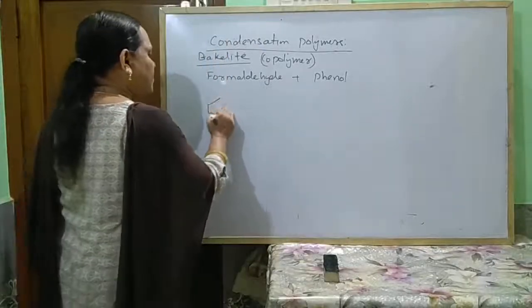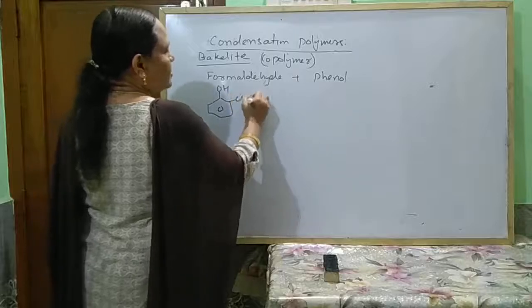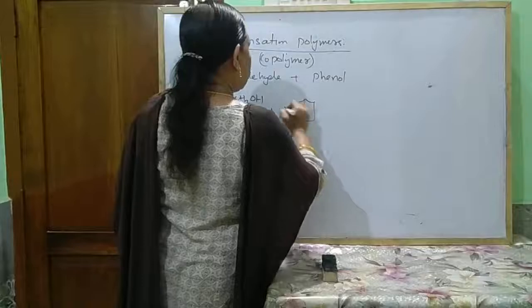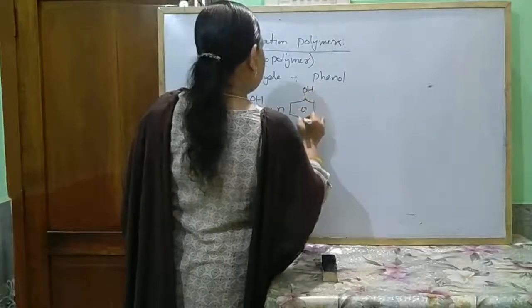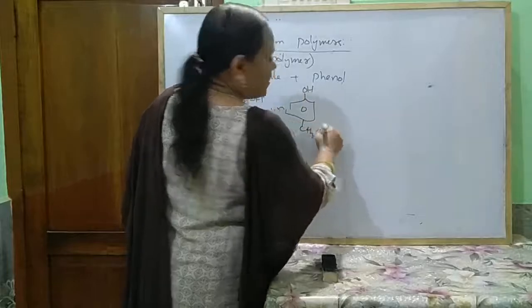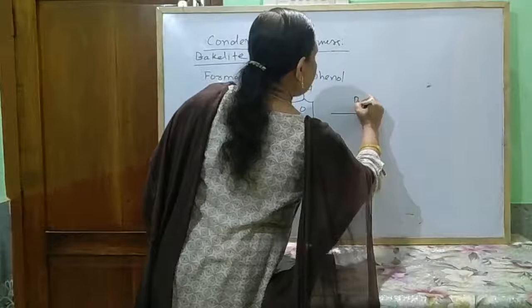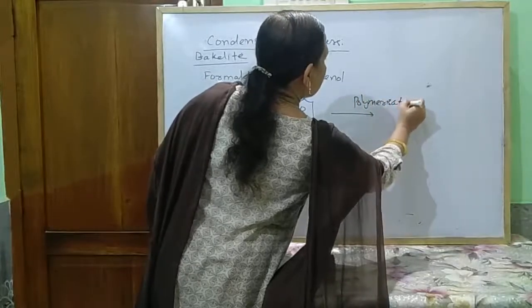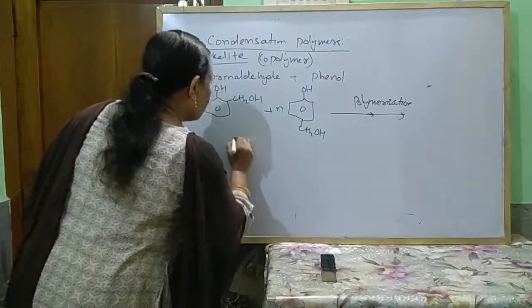So this is OH, CH2OH plus n number of OH, CH2OH. So this undergoes polymerization to form.